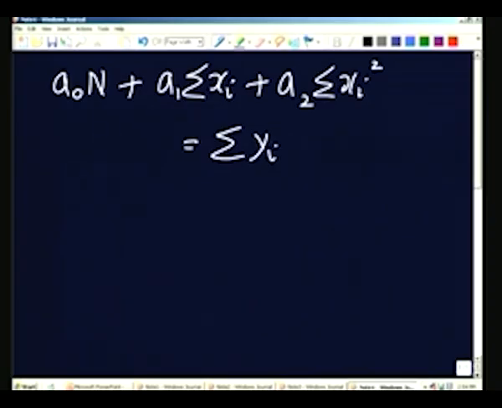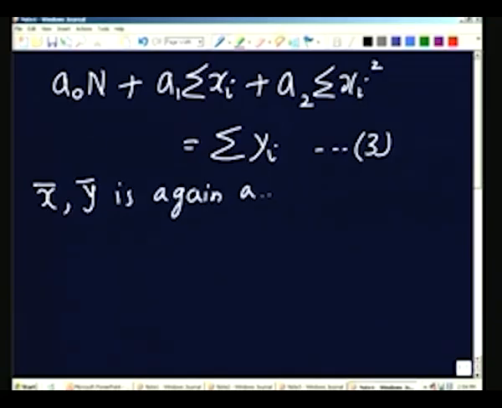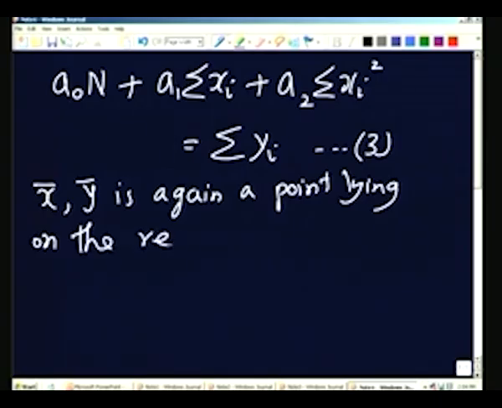Actually, this equation has a very simple meaning, that x bar y bar is again a point lying on the regression curve, which is a quadratic in this particular case.